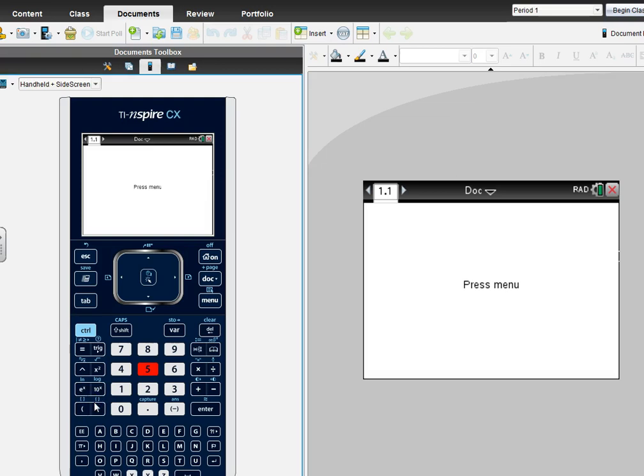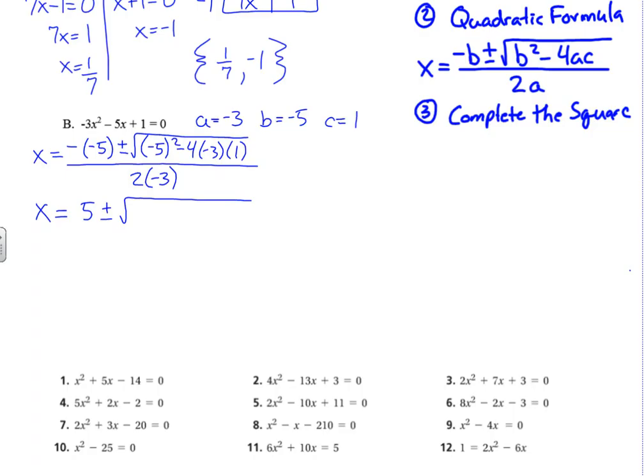All right, well, I'm not sure why that's not showing up, but -5 squared is 25 plus 12, because 4 times -3 times 1 would be -12, and subtracting gives plus 12. So this is going to be 37 all over 6.